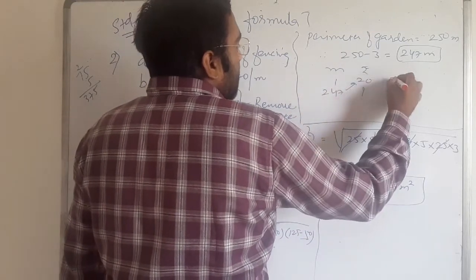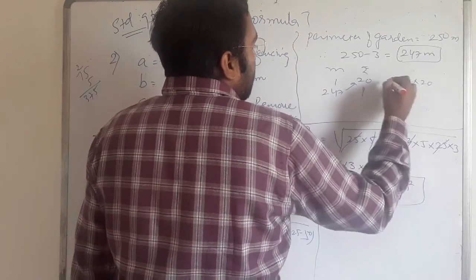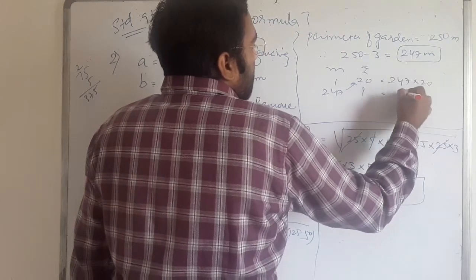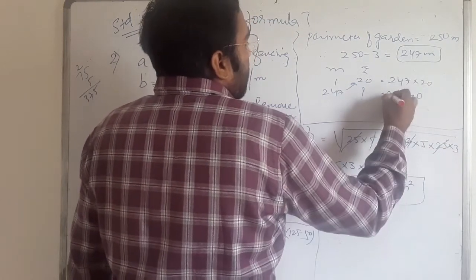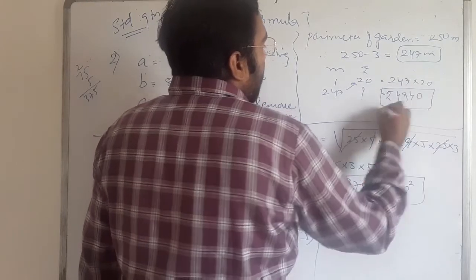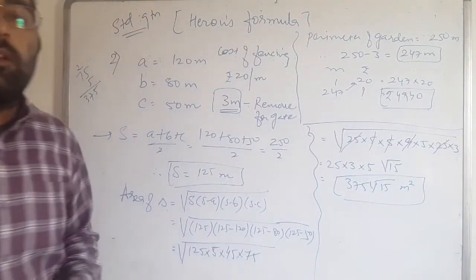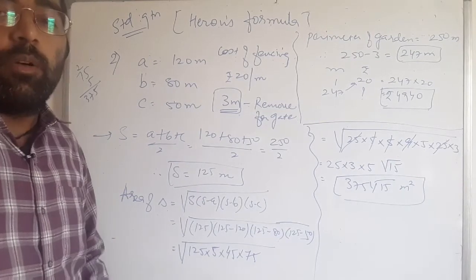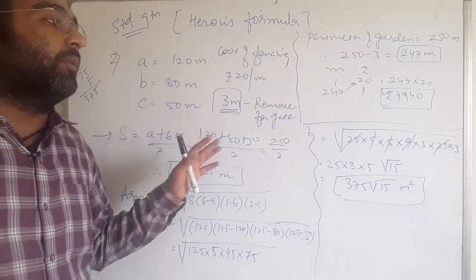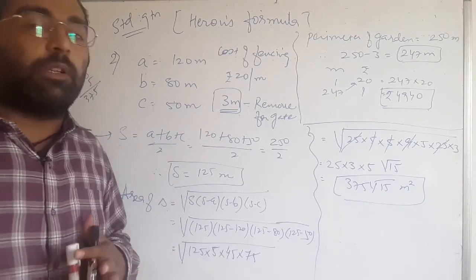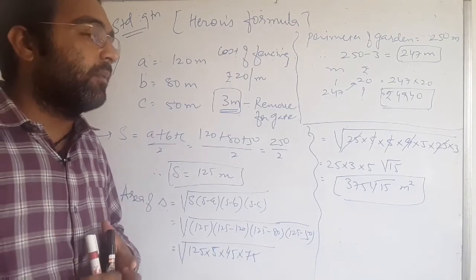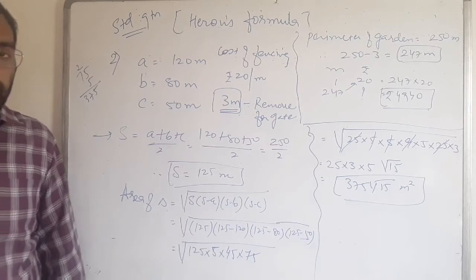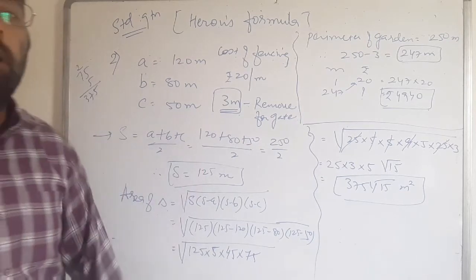So we take cross multiplication, 247 into 20, that is 4940 rupees required for fencing the triangular park. So please note it down. Now copy this.